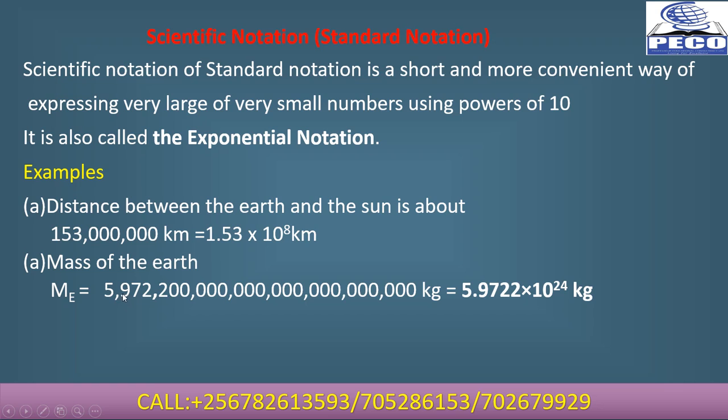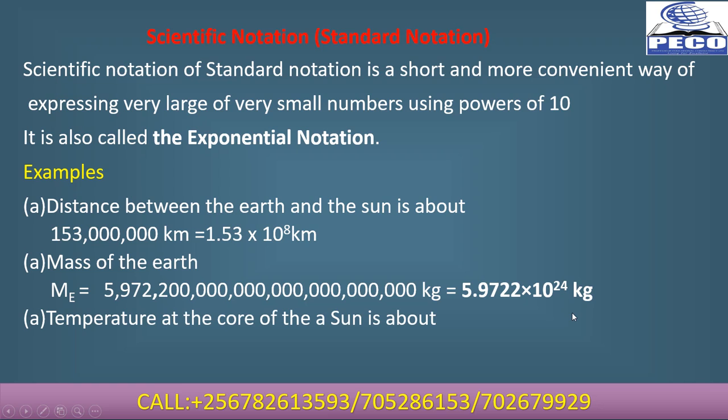We count 1, 2, 3, 4, 5, 6, 7, 8, 9, 10, 11, 12, 13, 14, 15, 16, 17, 18, 19, 20, 21, 22, 23, 24. So times 10 to the power 24. Now this is an easier way of writing this mass than writing the whole of it.